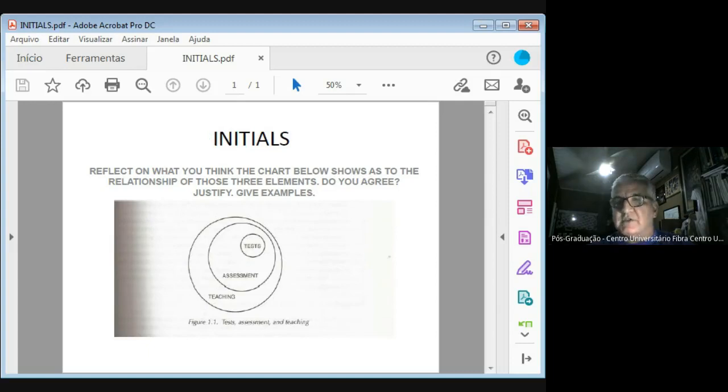Of course, with this idea of competences and skills and abilities and all the progress of pedagogics, this discussion has improved. Correct? So this is the idea of evaluation.